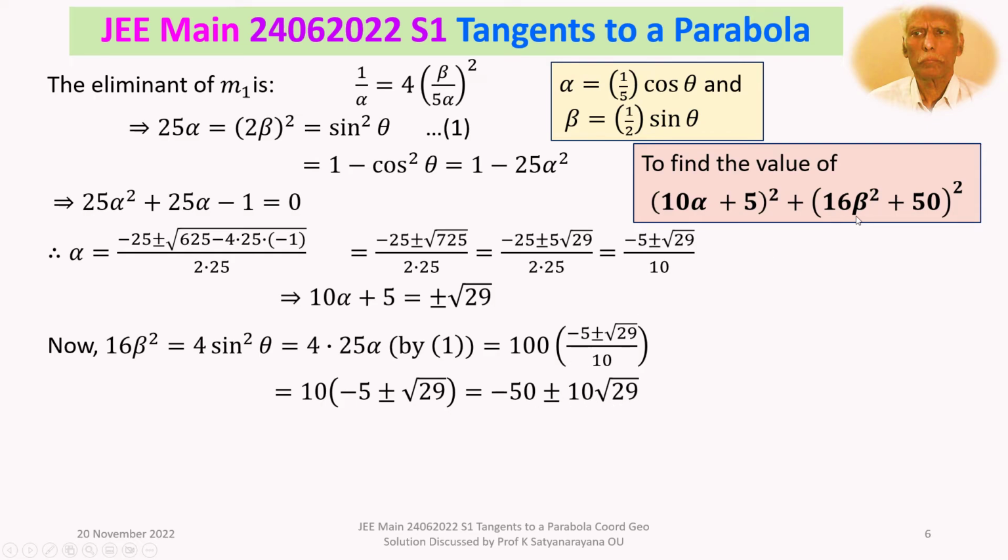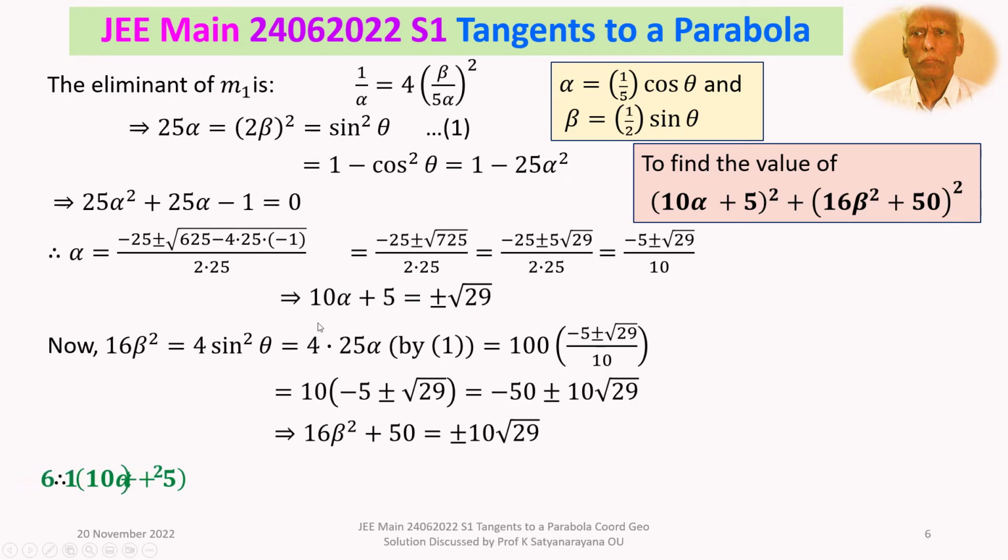We want 16 beta square plus 50. So minus 50, send it to the other side. You will get 16 beta square plus 50 is equal to plus or minus 10 root 29. Now square them and add.